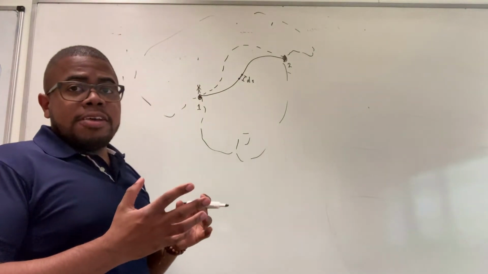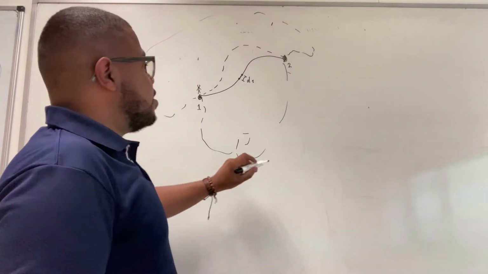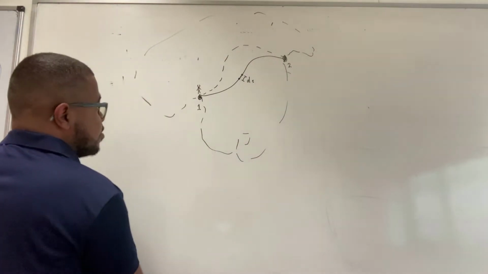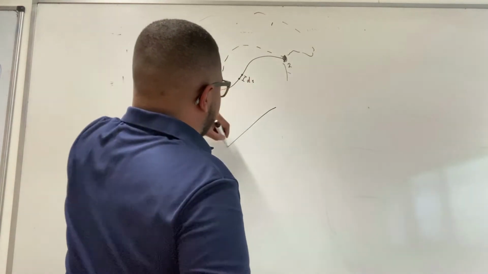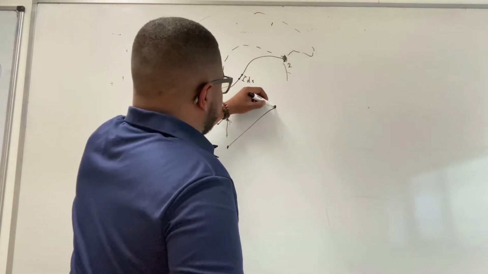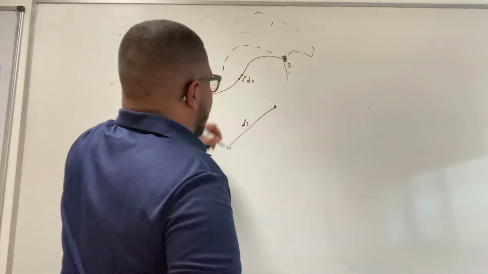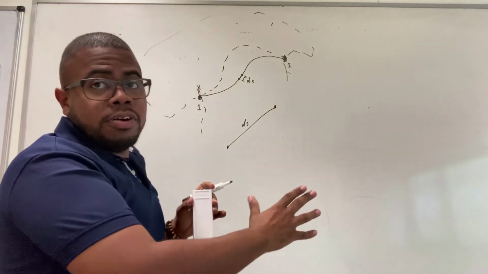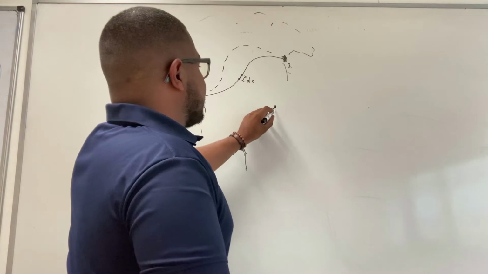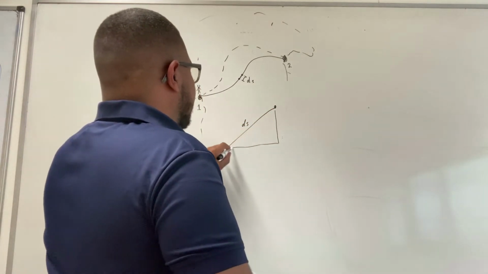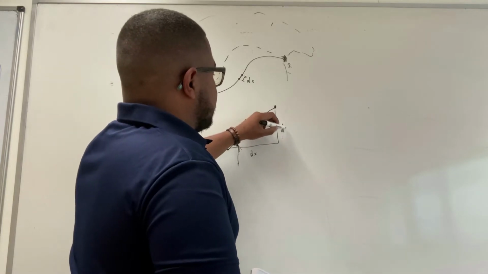If you want to know what ds stands for, we can think of ds as being this line segment right here. Because our picture is drawn on a whiteboard, which is two-dimensional, it has an x component and a y component, which we will call respectively dx and dy.